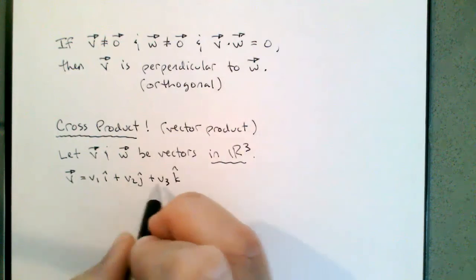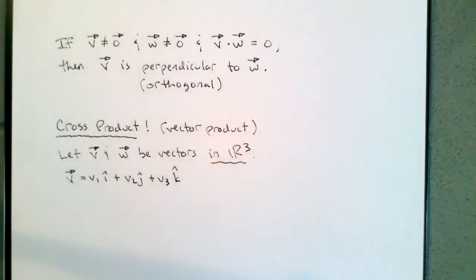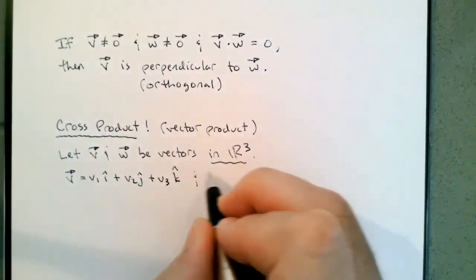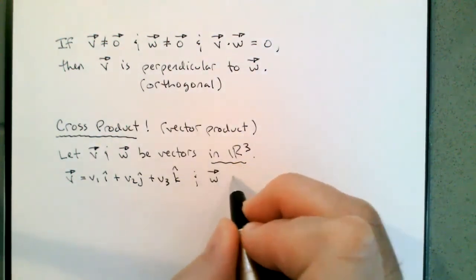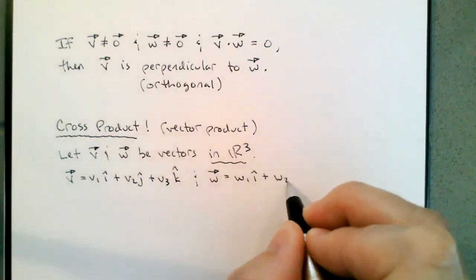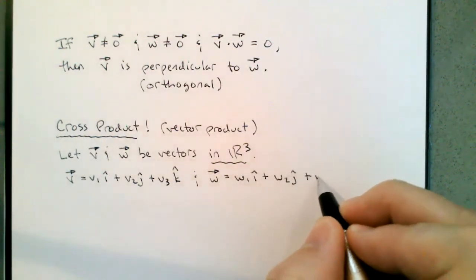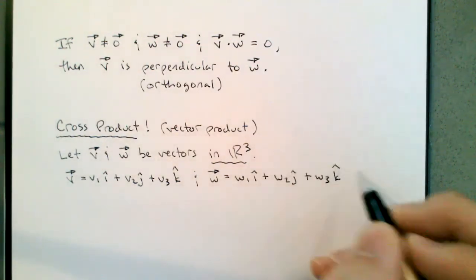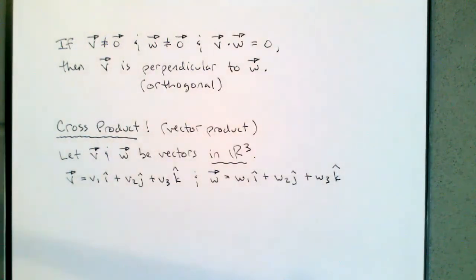Notice that V1, V2, and V3 are all scalars. They're the ijk components of the vector V. And W is going to be W1 i hat plus W2 j hat plus W3 k hat. So V cross W is going to be a vector.